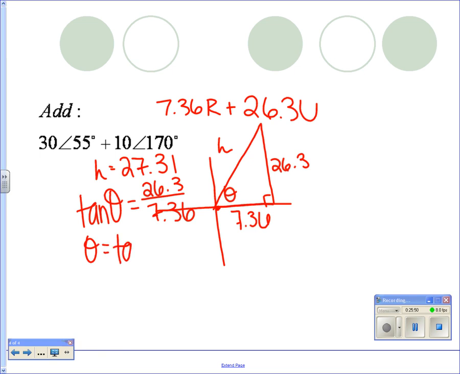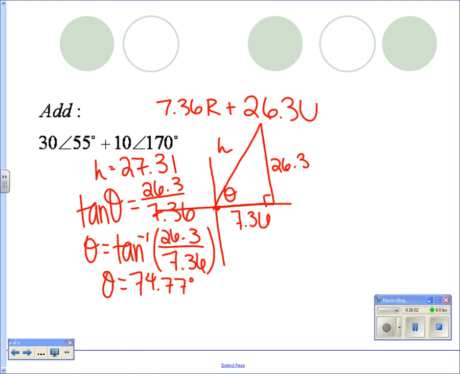Tangent inverse. 74.37. Okay. Any questions on that part? Y'all understand how to get the hypotenuse and the angle? That's fine.